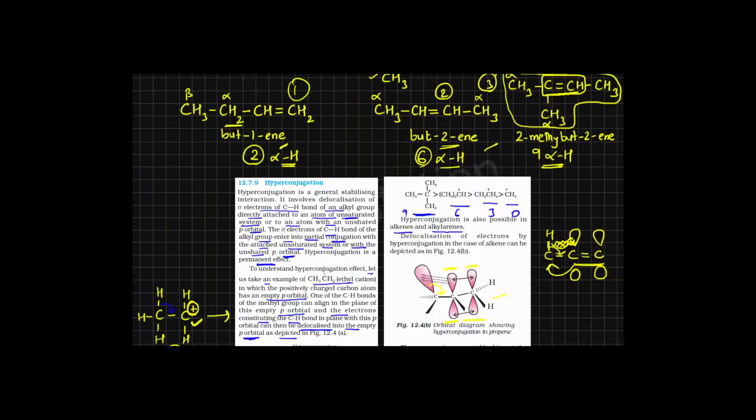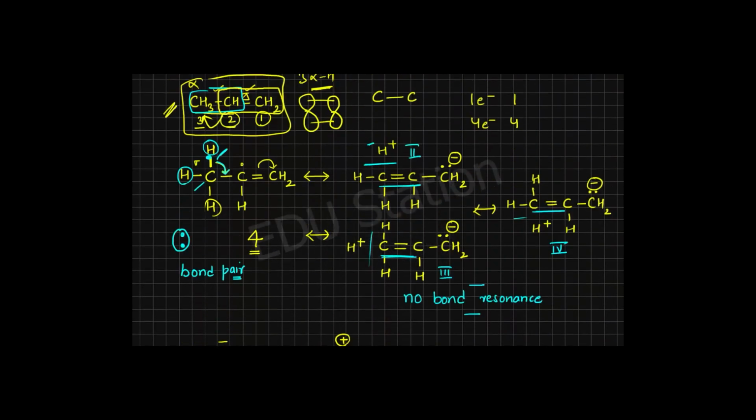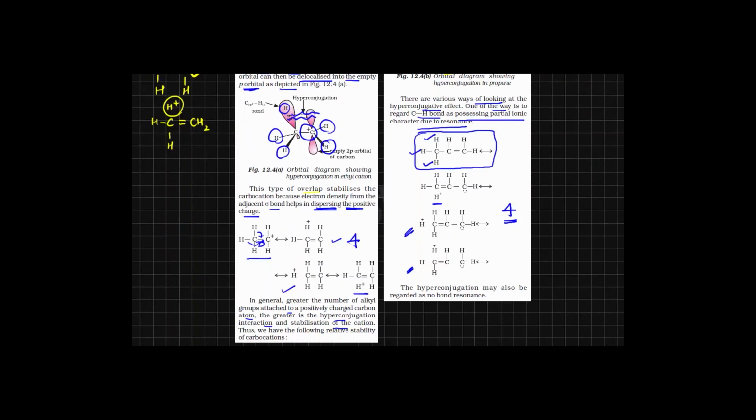So, total number of structures is 4, which we drew over here. We had 4 structures, 1, 2, 3, 4. And you must remember, in an alkene, if there are greater number of hyperconjugative structures, alkenes will be more stable, and those hyperconjugative structures depend on number of alpha hydrogens.